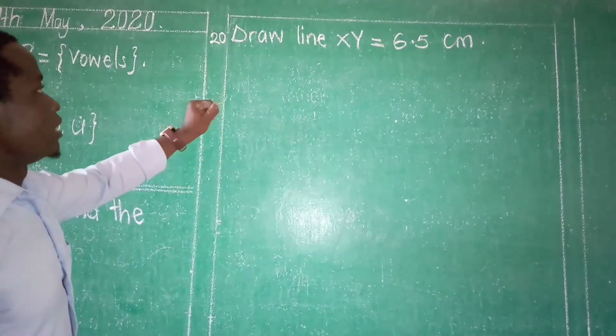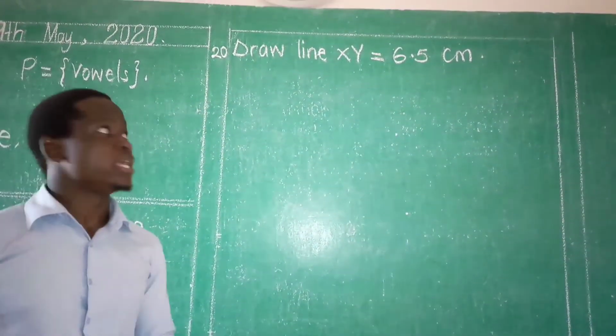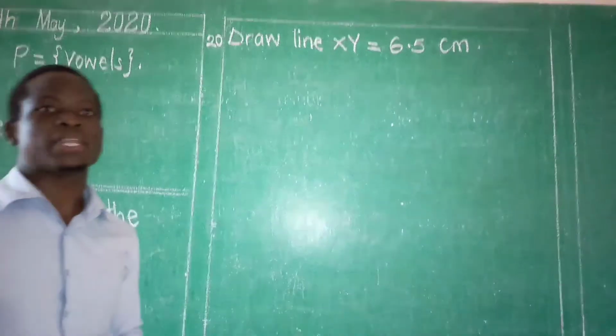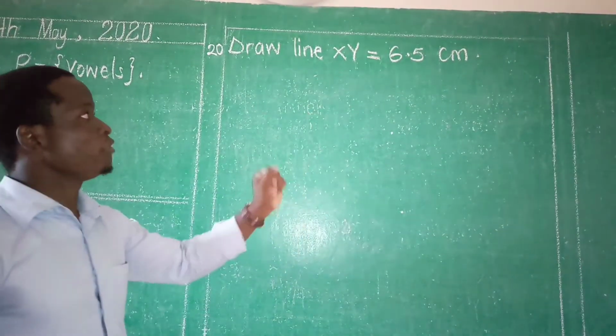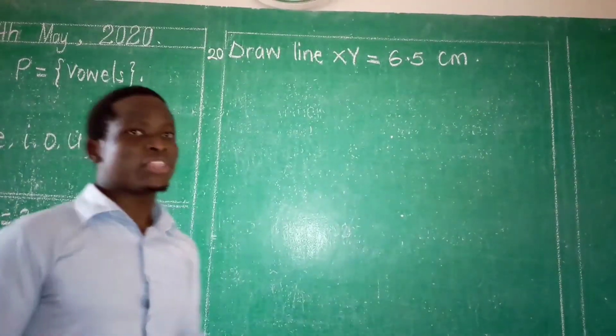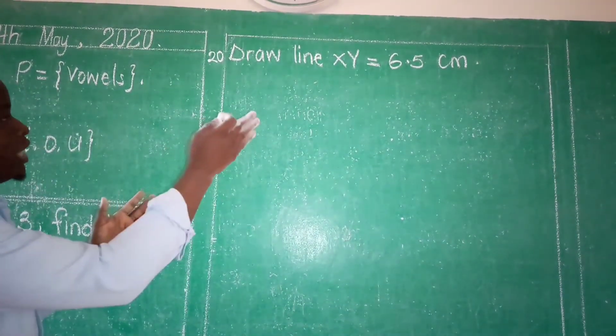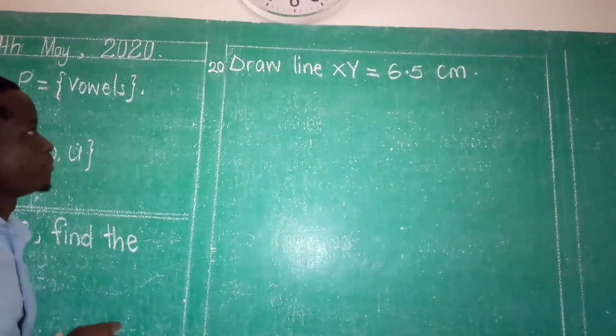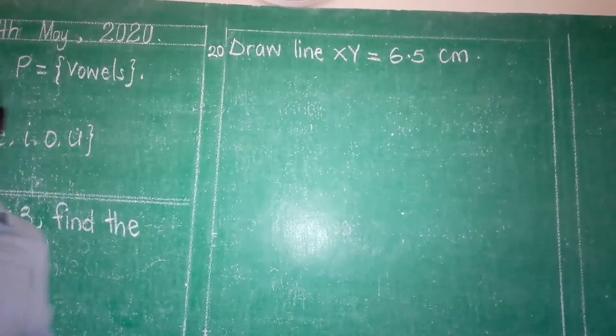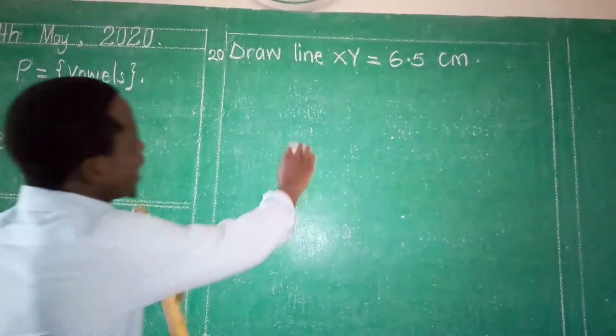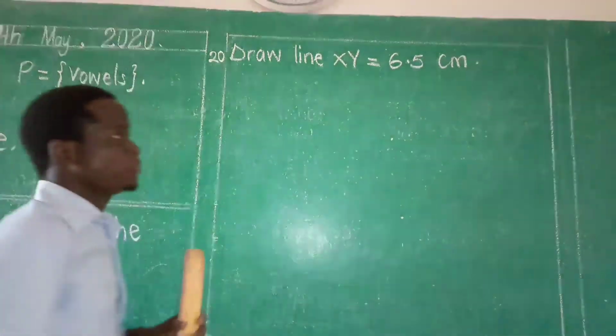Now, it reads, draw line XY equals 6.5 centimeters. I'm not going to draw a line of that exact length, but I'm going to guide you on how to draw exactly that. Now, you don't have to fidget with your ruler and draw a line exactly 6.5 centimeters.